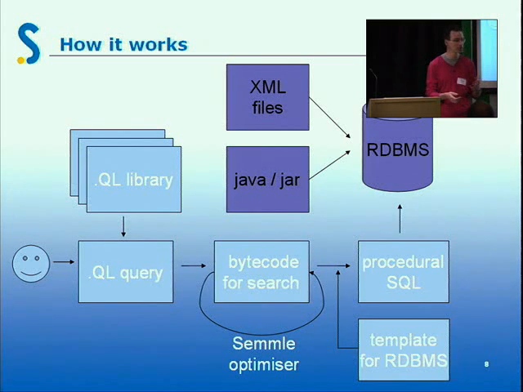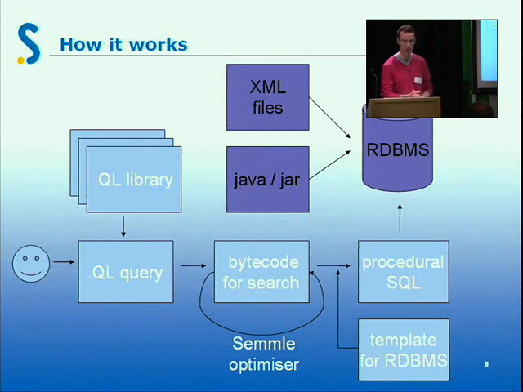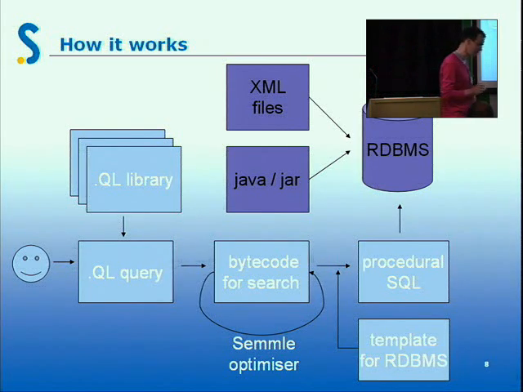A library for Java, a library for XML, a library for bug databases, something like that. Then the .QL query gets translated into an intermediate representation, and I'd like you to think of this as a kind of bytecode for search. The bytecode is not actually tied to .QL. You could translate most other query languages to it as well.